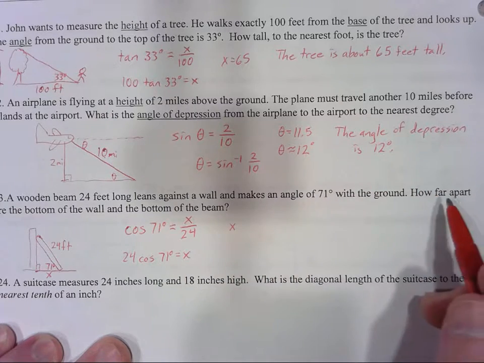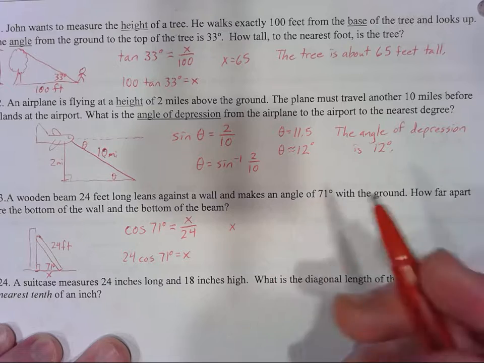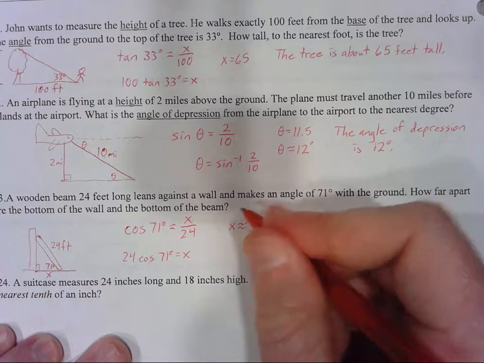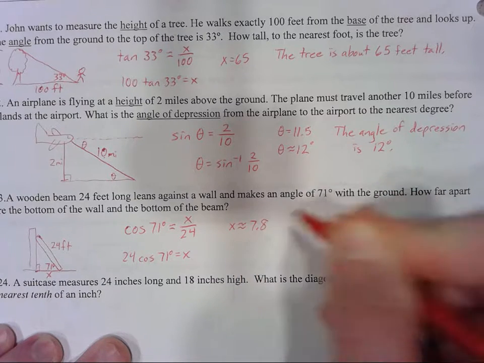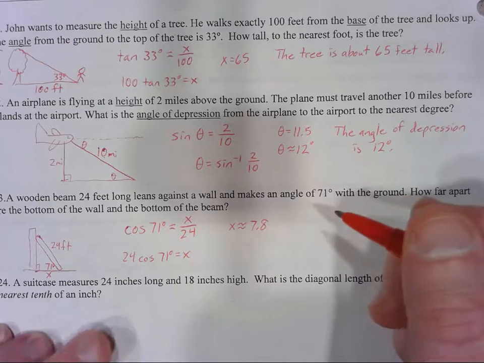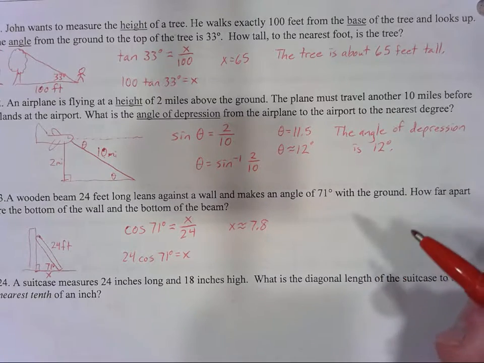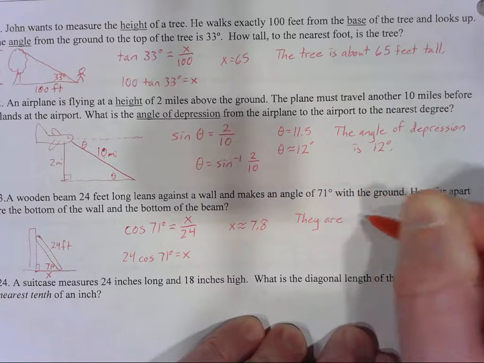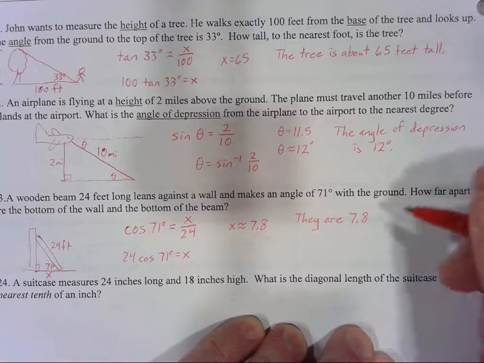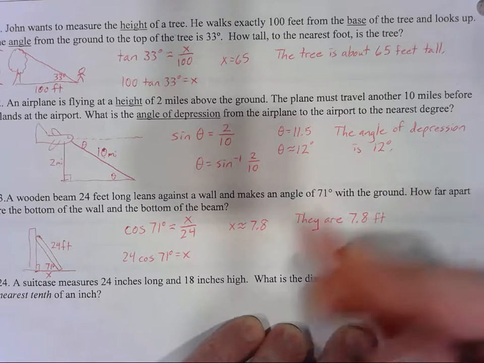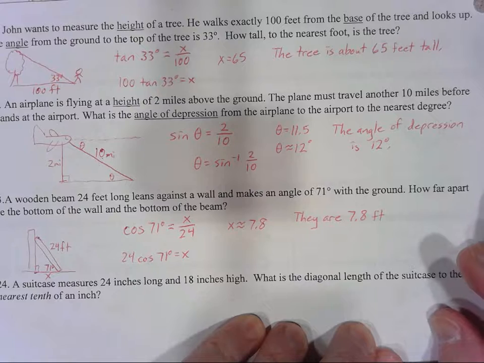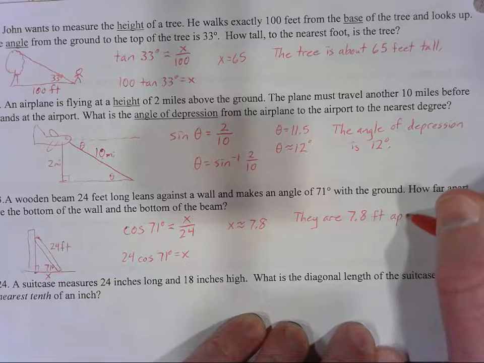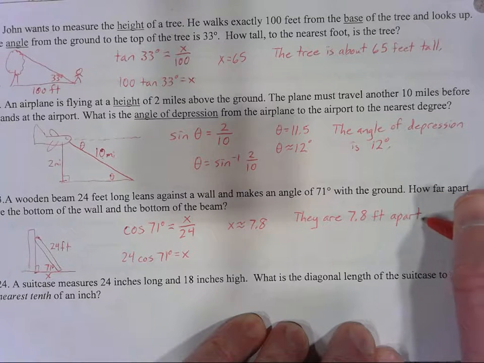It doesn't say what to round off to, so we'll go to the nearest tenth. 7.8. How far apart are the bottom of the wall and the bottom of the beam? They are 7.8 feet apart.